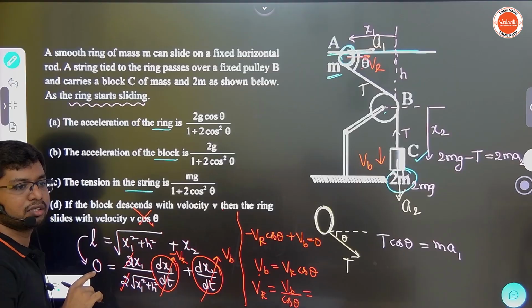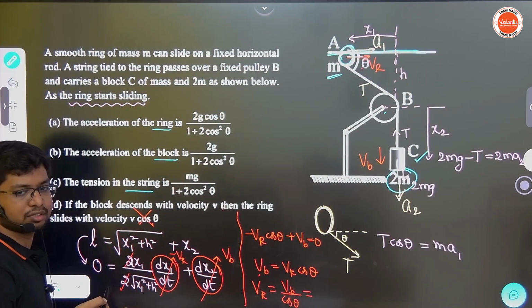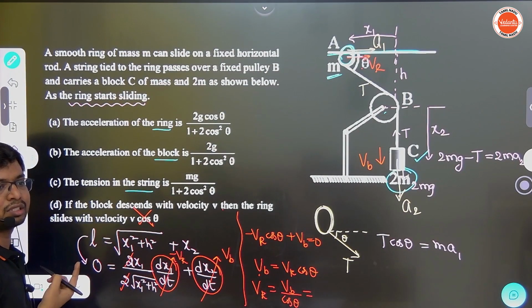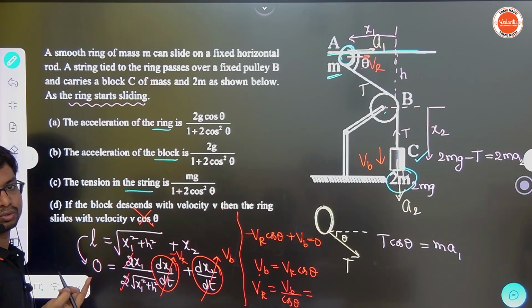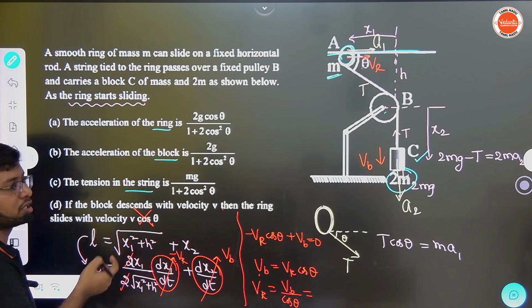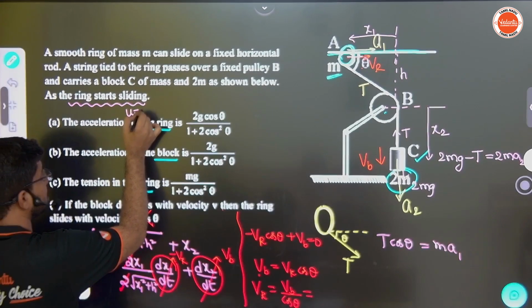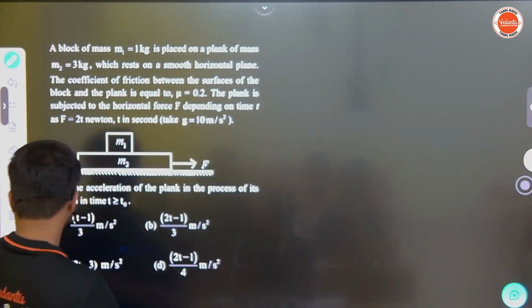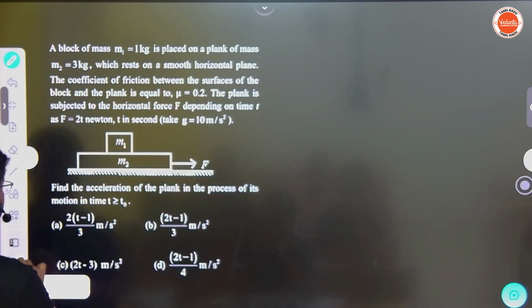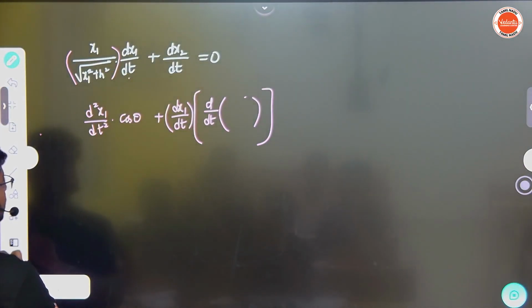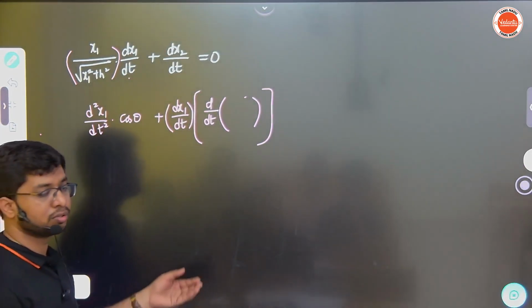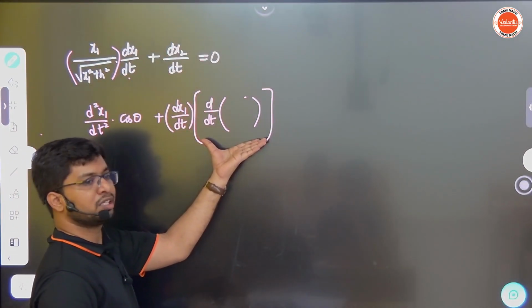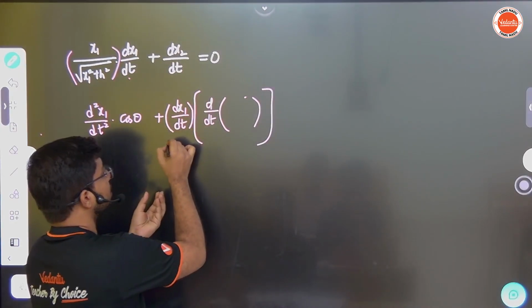As the ring starts sliding, what is its initial velocity? 0. Understood the point? So its initial velocity is 0, and then whatever may be the differentiation over here, this is 0.